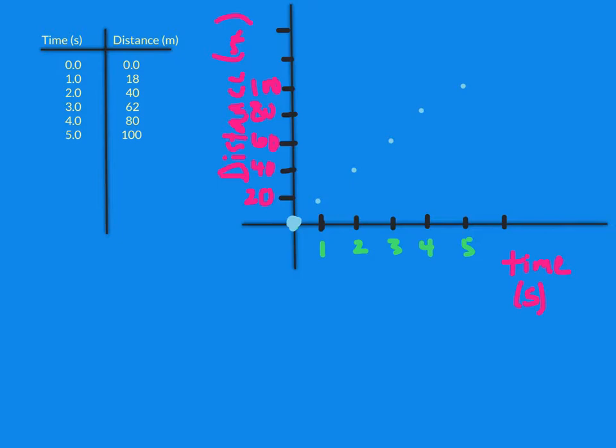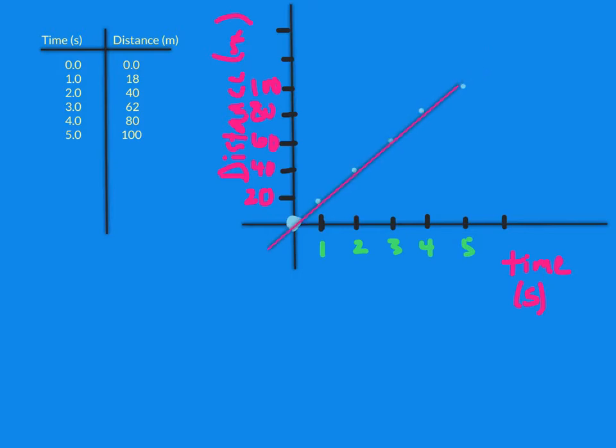So the best fit line is an average of your data. You don't want to be too far above your data, and you don't want to be below your data. You want to have an equal number of points above and below your best fit line, showing the average.